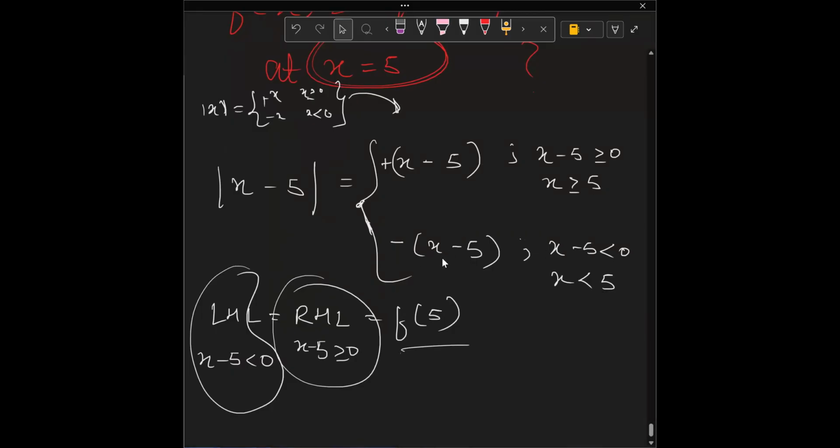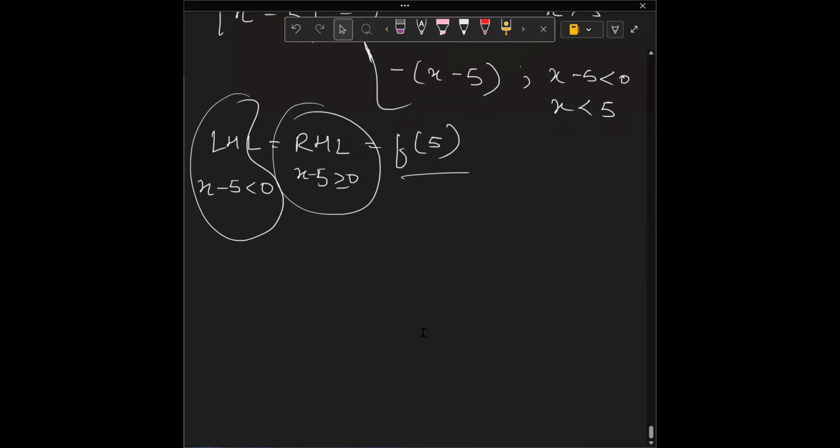So that is minus of x minus 5. So minus of x, limit x tending to 5, minus of x plus 5, that is going to be minus 5 plus 5, that is going to be 0, and this 0 is your LHL.